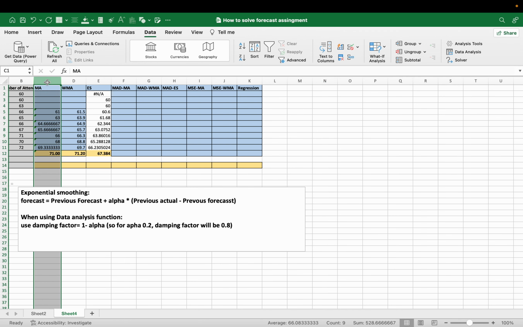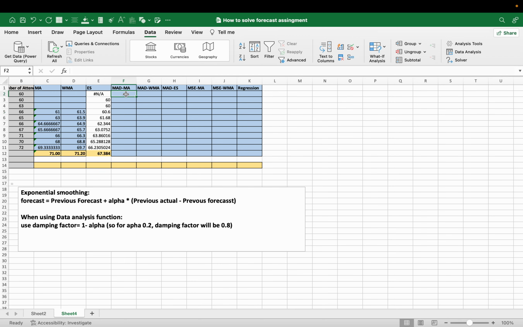Okay, so this is our moving average data, so I'll be using this moving average data to calculate MAD. Now note carefully that this is our first data point, which means that we need to start from here, because we have to take the difference of actual minus this one, so your answer should come here.